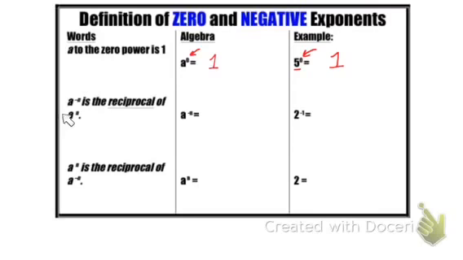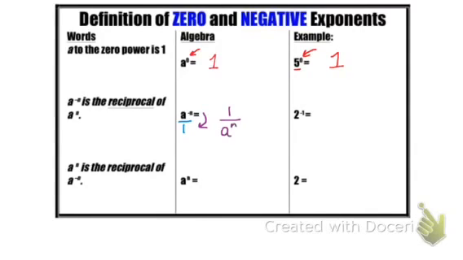Alright, so the second situation, a to the negative n, is the reciprocal of a to the n. So in other words, if we are raising our base to a negative exponent, well, remember, every power that we have is written over 1. Then if we want to rewrite this power with a positive n, well, we've learned that we can move this numerator down to the denominator and then the sign of the exponent changes.